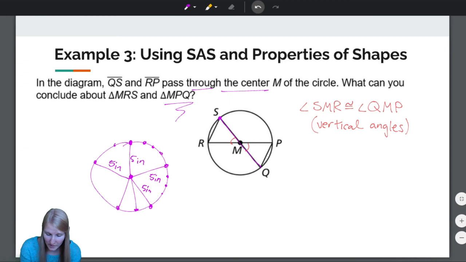So every point on the outside of our circle is the same distance away from the center. So R, S, P, and Q are all the same distance away from the center.